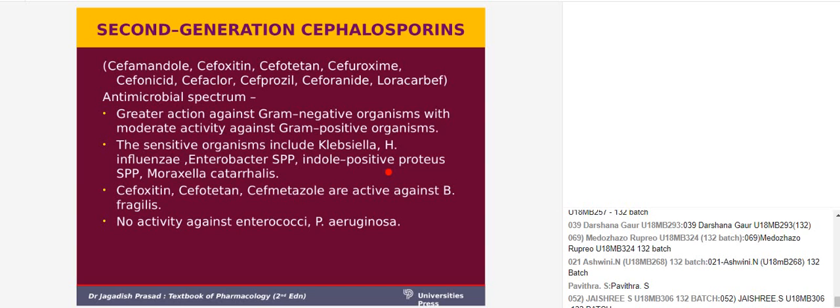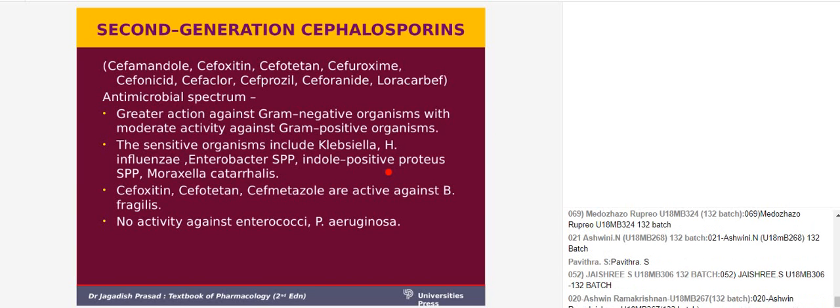As for the kinetics of the second generation, they are available as oral and parenteral preparations, and a dosage of 1 gram produces a plasma peak level of about 22 micrograms per ml. Cefuroxime is the only second generation cephalosporin that penetrates into the CSF, crossing the blood-brain barrier.